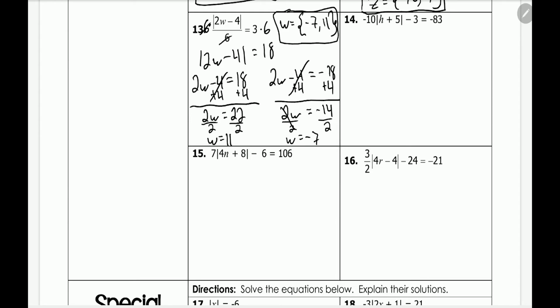So for number 14, we have -10 times the absolute value of h plus 5, minus 3, is equal to -83. First step, we have to add 3 to both sides because we have to isolate the absolute value. We're left with -10 times the absolute value of h plus 5 is equal to -83 plus 3, which is -80.